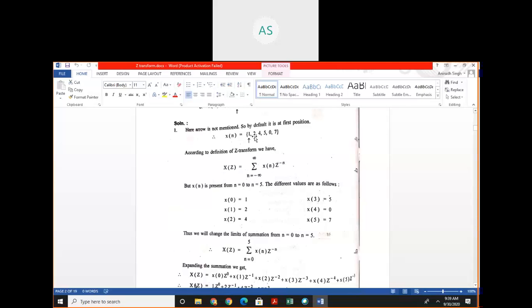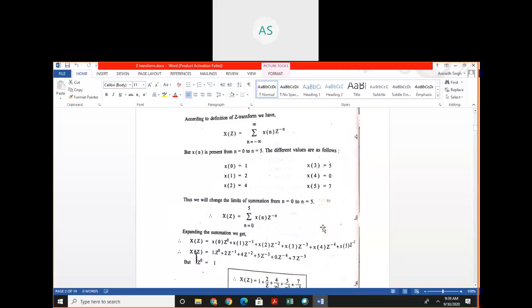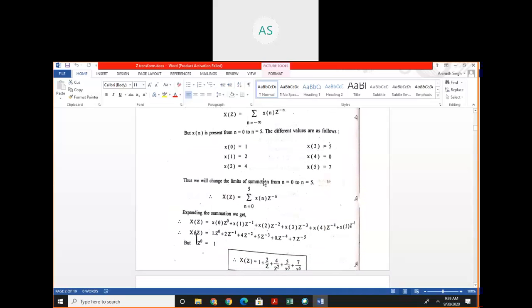And the different values of x of n are given by: x of 0 is 1, x of 1 is 2, x of 2 is 4, x of 3 is 5, x of 4 is 0 and x of 5 is 7. Clear?